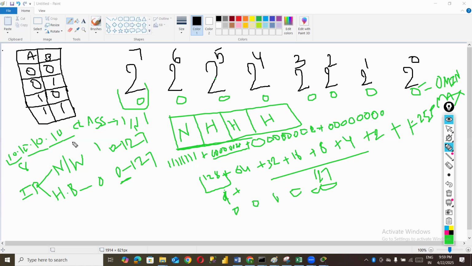We have to know this AND logic: 0 into 0 is 0, 0 into 1 is 0, 1 into 0 is 0, 1 into 1 is 1. Whenever in the whole subnetting concept, we will use this. For example, I'll give one example. If one octet contains total 8 bits, right?